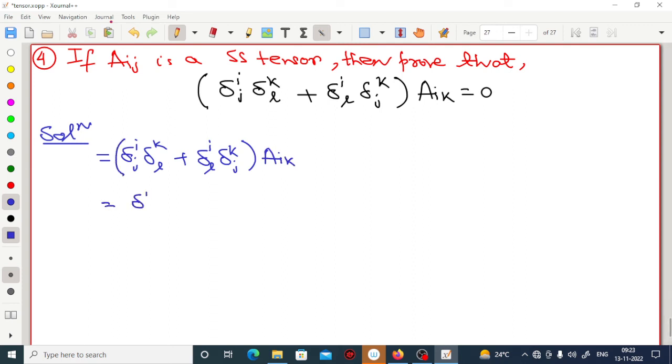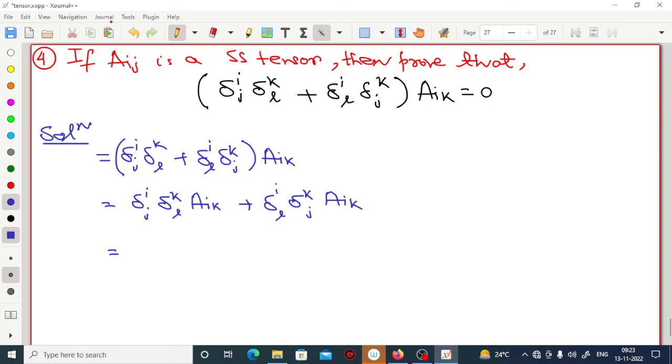That is delta of Ij, delta of Kl, A of Ik, plus delta of Il, delta of Kj, Aik.